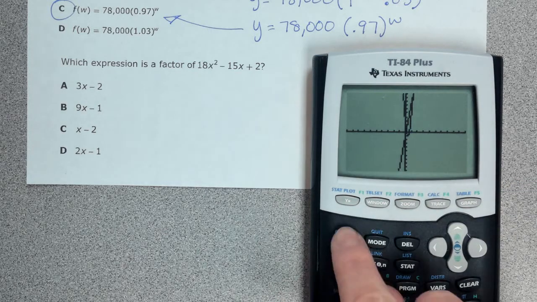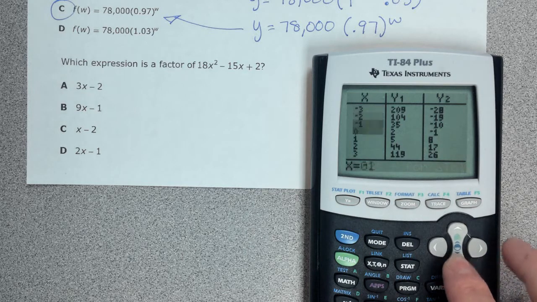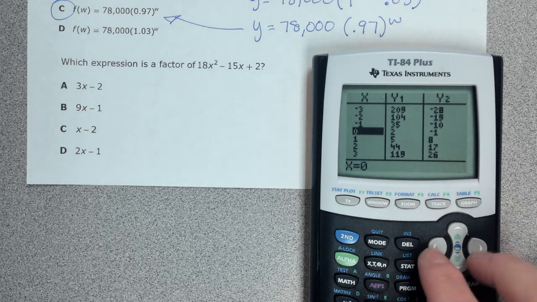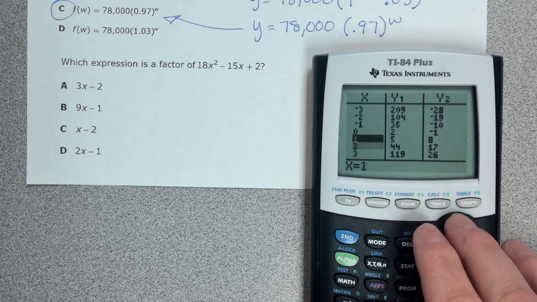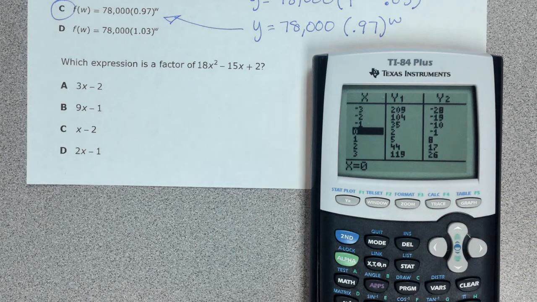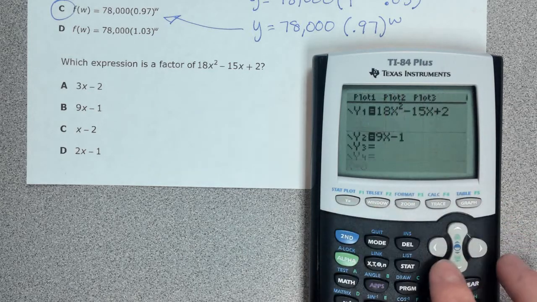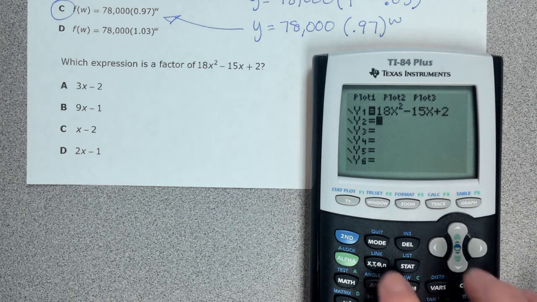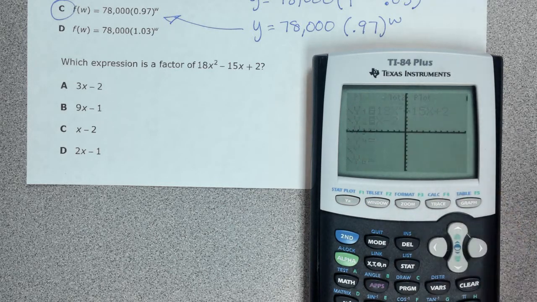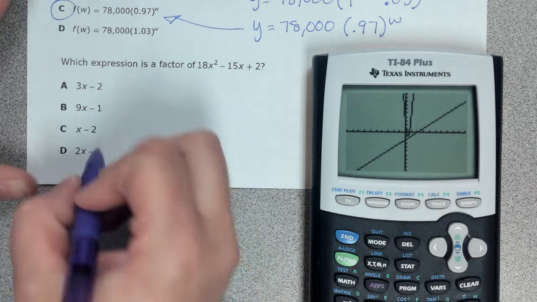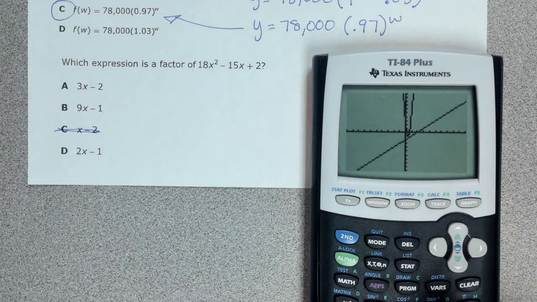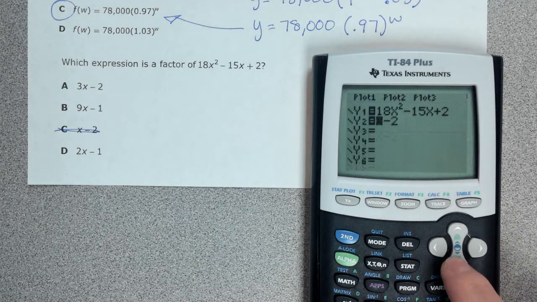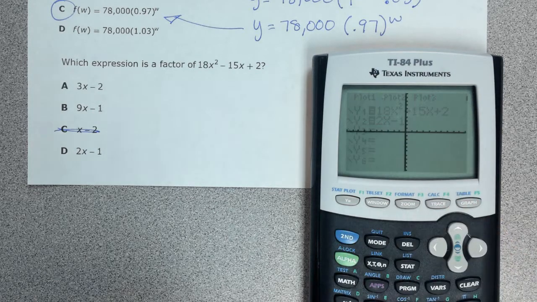That may, but let's look at my table. Again, where y is 0, I'm looking for my x value, and I can't see that they match up, but they may. So let's look again. X minus 2. Let's see if I see anything that's a little bit more concrete, and then we'll go back to the calculator and we'll show you the trace. So that's clearly not even close. Gotta go. Let's try that last one, and then we'll go look at A and B again, because, man, they were really close. And I'm going to show you another tool to use.